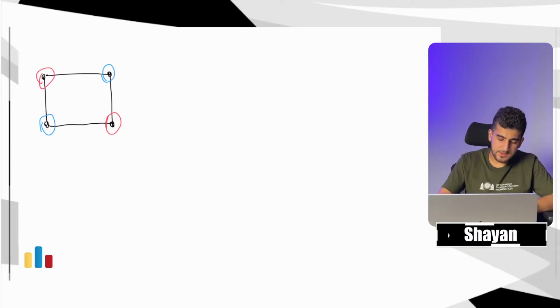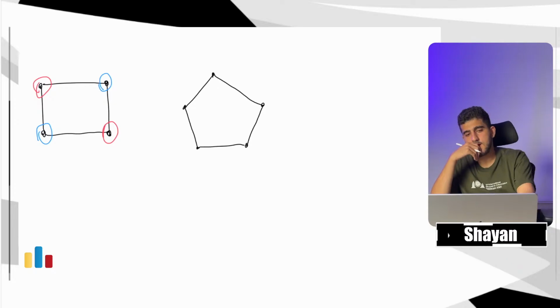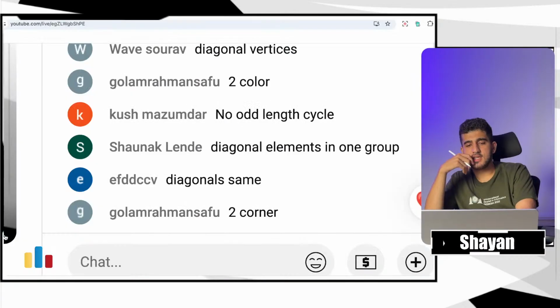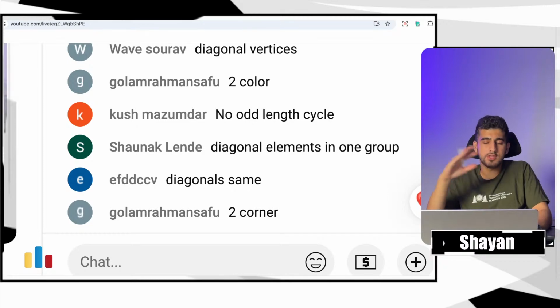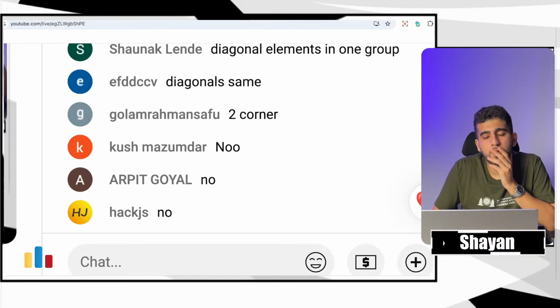But what about this one? Is this one also a bipartite graph? Can I split it into two parts such that each vertex has only edges to the other parts? No. Can you say why?